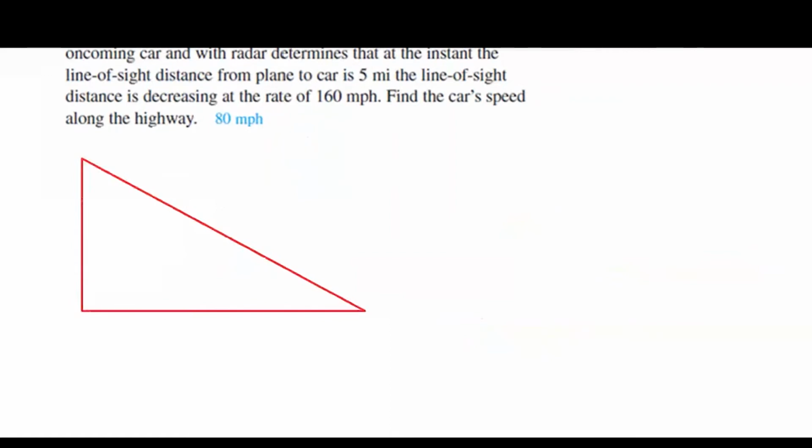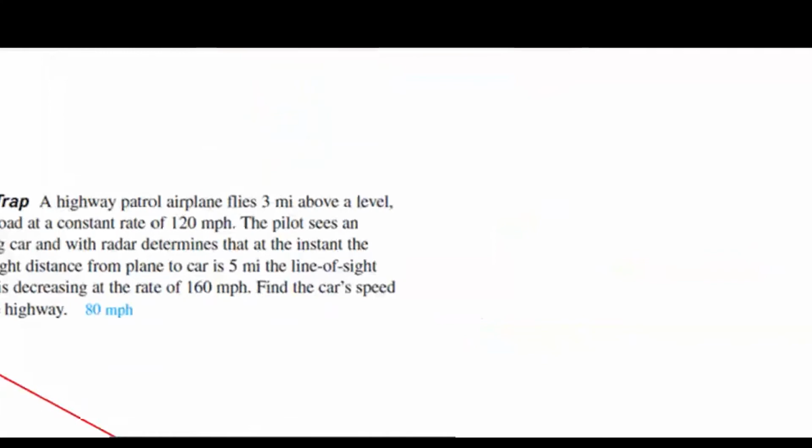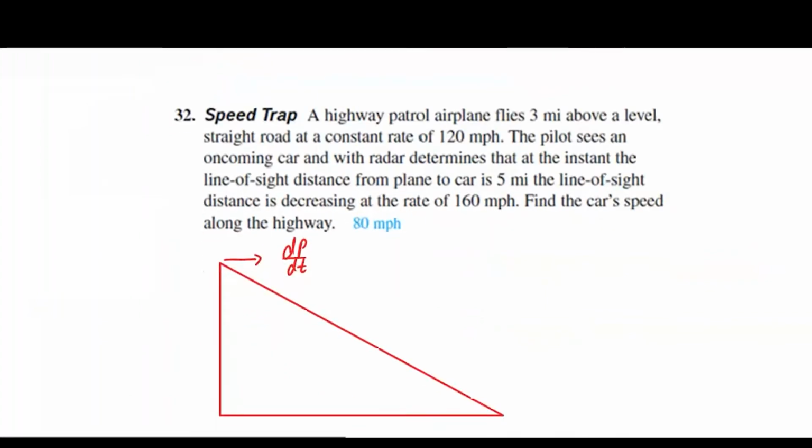Okay, so the airplane is going this way with a certain speed. I'm going to call that dp dt for the plane, and that's given to you as a constant rate. What do they give you? So this is 120.